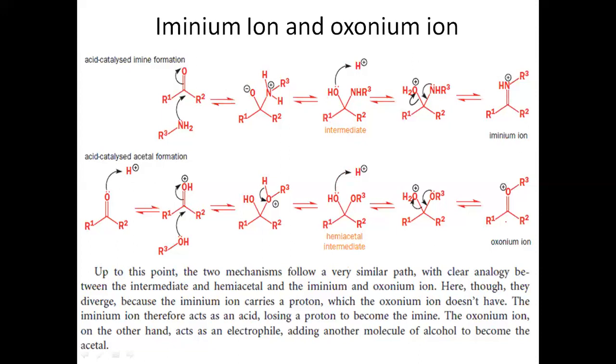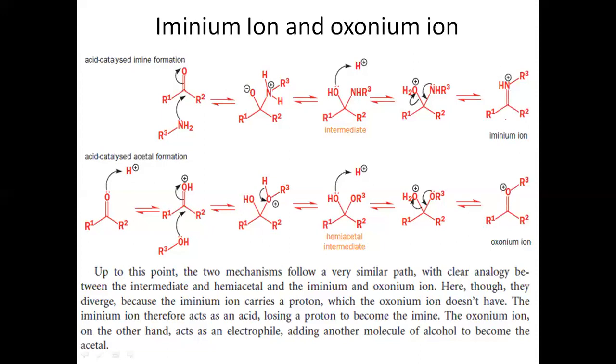So till here, your imine formation and acetal formation bear the same analogy and have all the common characteristic features. From here onwards, the reaction differs. The reason being, the iminium ion which has formed will behave as an acid because it has this hydrogen on the nitrogen which can be easily donated, and thus iminium acts as an acid, whereas oxonium is devoid of this hydrogen on the oxygen, and thus it will behave as an electrophile.